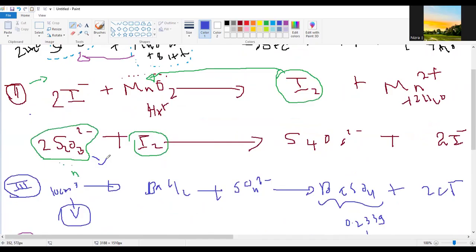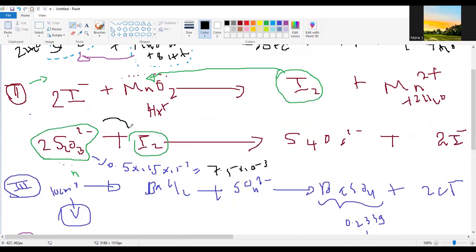You have to put the equation, substitute with units and find the answer. So thiosulfate, they have given the concentration 0.5, volume 15. So 0.5 times 15 into 10 power minus 3. So that would be 7.5 into 10 power minus 3 moles. So that is the moles of thiosulfate.